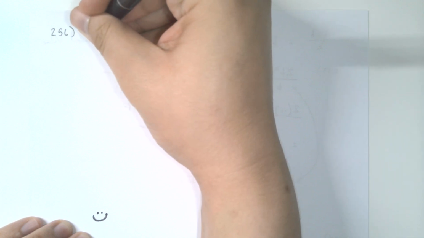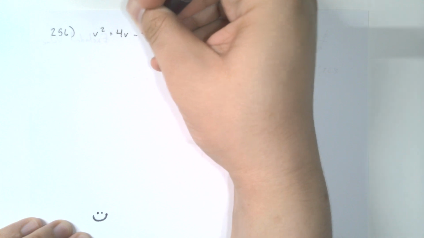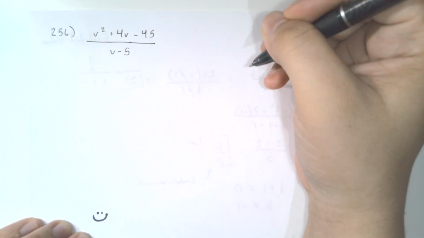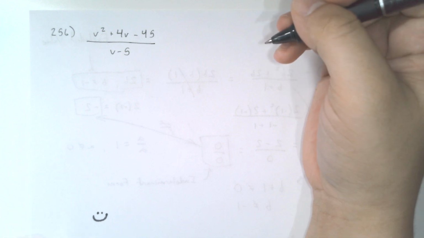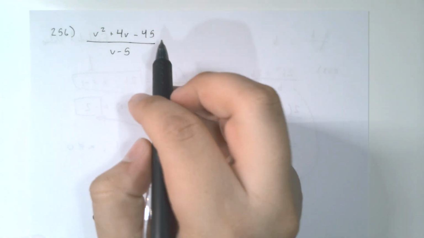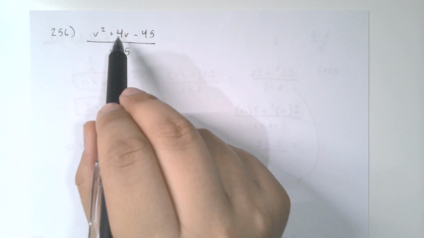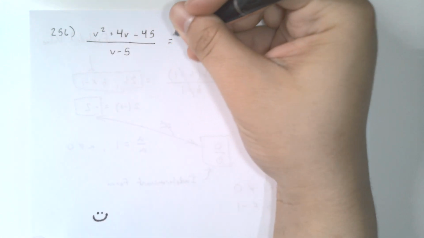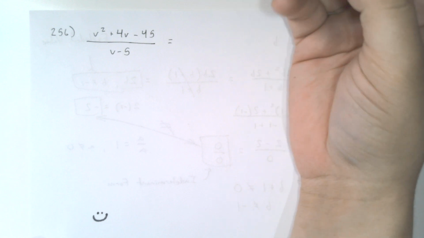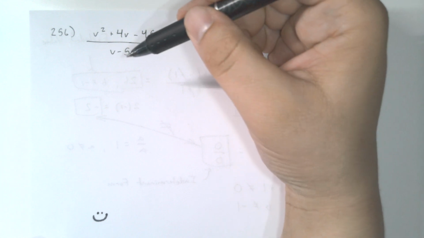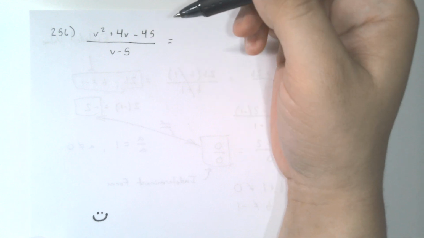All right, so we have 256. This is v squared plus 4v minus 45 divided by v minus 5. So let's find two numbers that multiply to negative 45 but add up to 4. Negative 5 is probably going to be one of them.